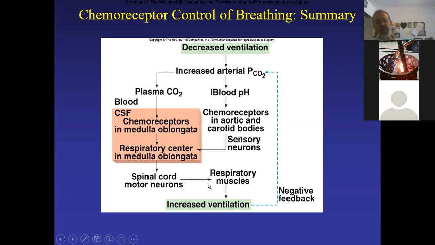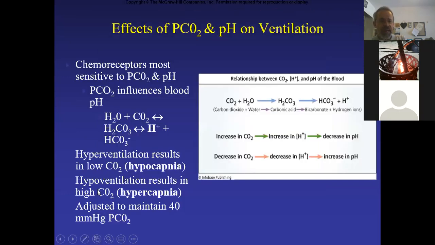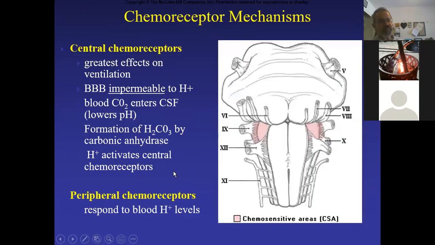We want to increase our rate of breathing or hyperventilate, which by hyperventilating is going to lower CO2, right? So that's one of the interesting things. You've heard of people when they're stressed, you may have experienced this, right? People will hyperventilate.